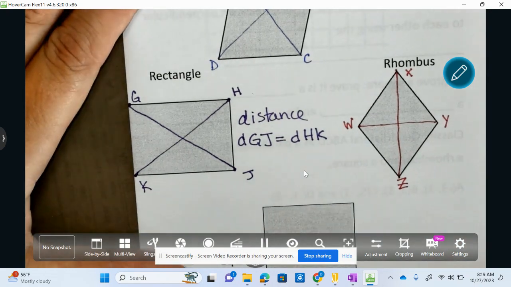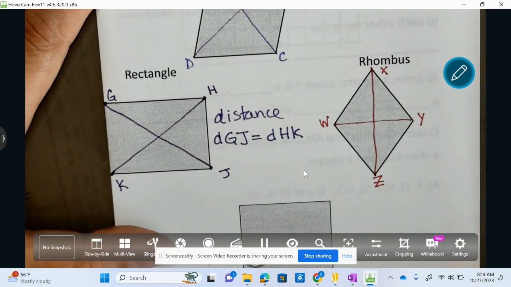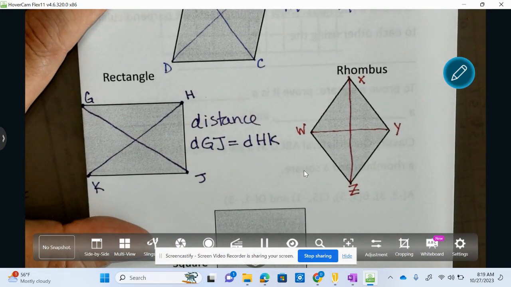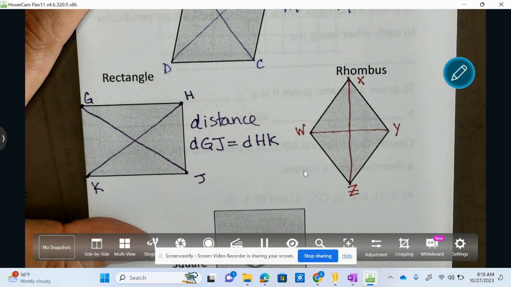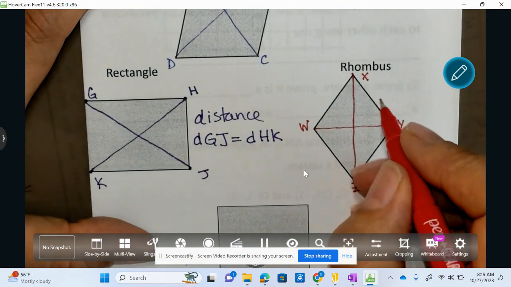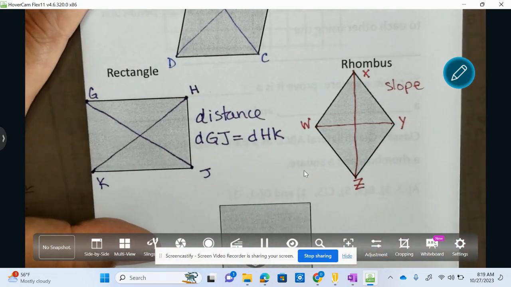And Ken told us that we show that these are perpendicular. Ken, what method do I use to show that things are perpendicular to each other? Anybody know? Anybody remember? I use slopes, right?